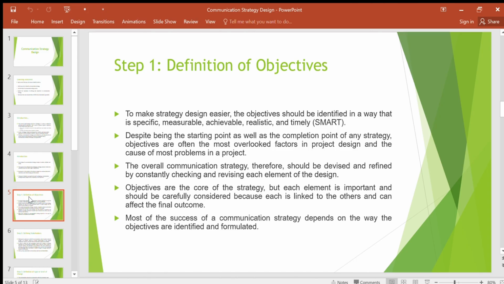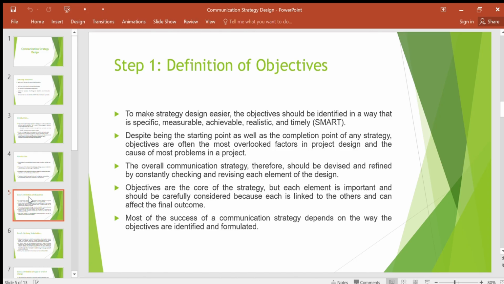You can't set something that you can't achieve. Your objective should be realistic. It should make sense. It should be specific: this is what I want to achieve. You can't have a whole jumbled thing. That is simply what the definition of objectives is.